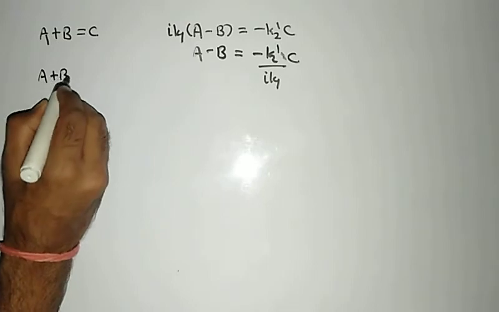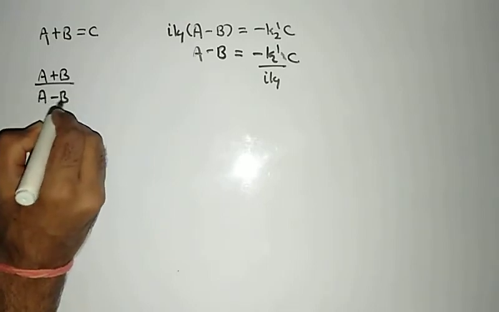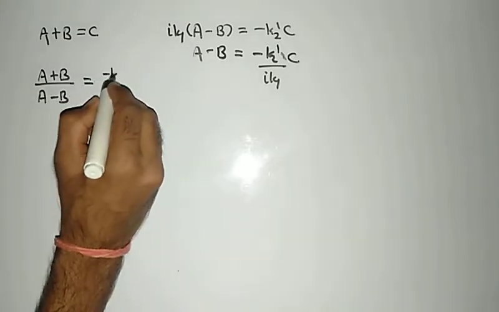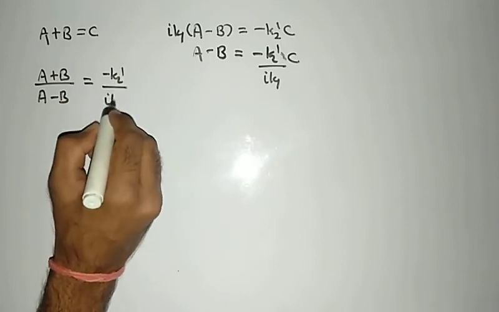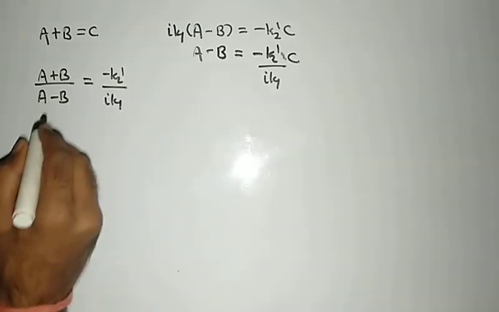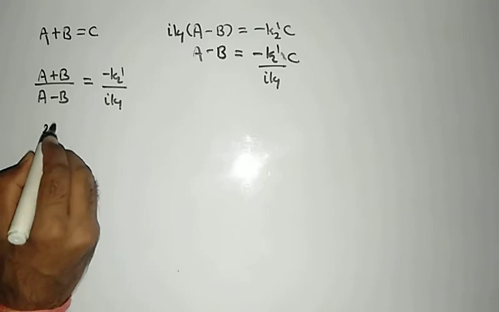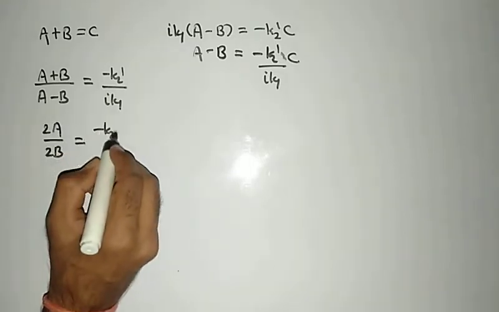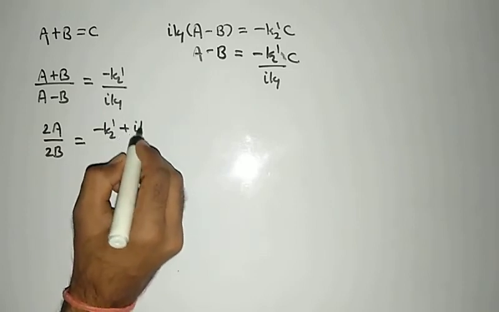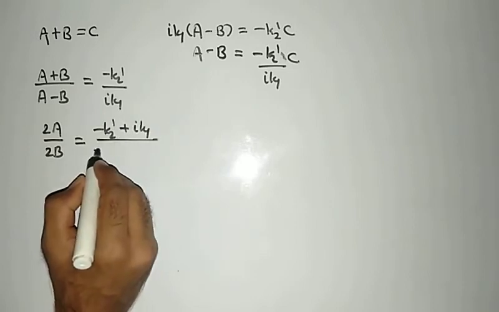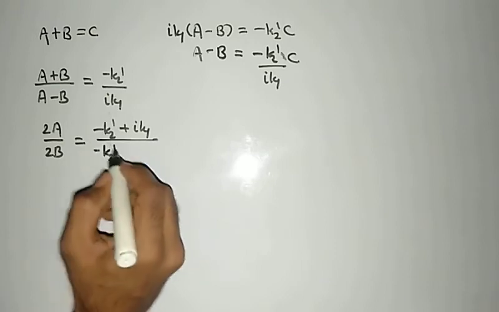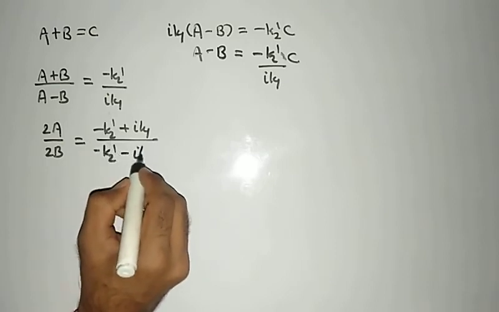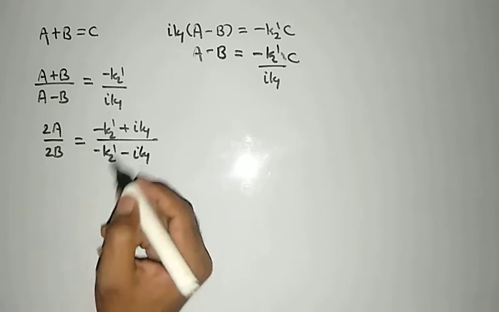On dividing, you will get (A plus B)/(A minus B) equal to -k2'/(ik1). Using the componendo and dividendo rule, we get 2A/2B equal to (-k2' plus ik1)/(-k2' minus ik1), by plus and minus.